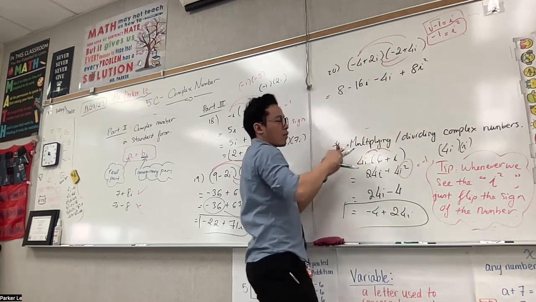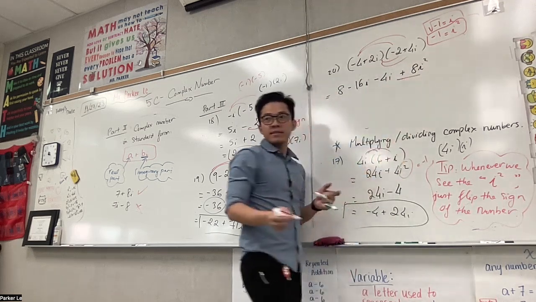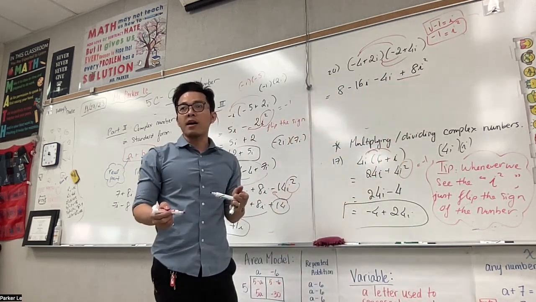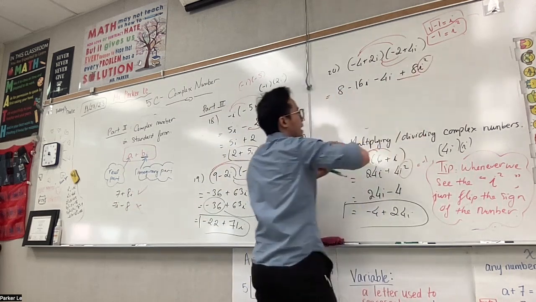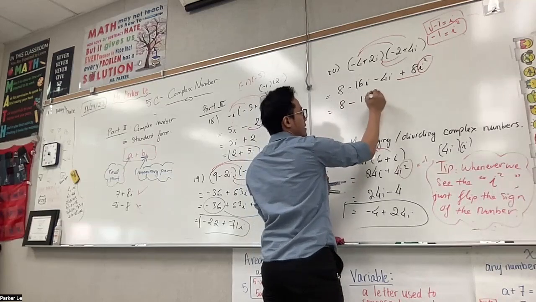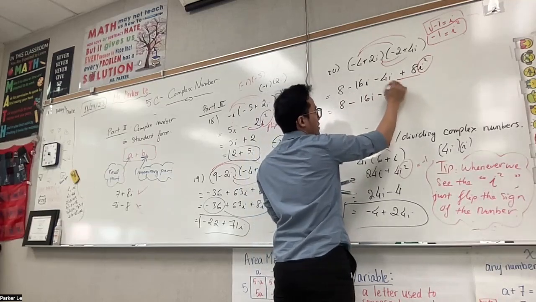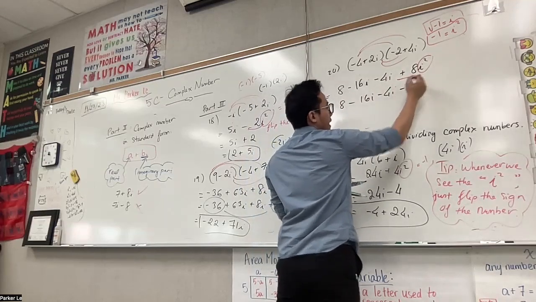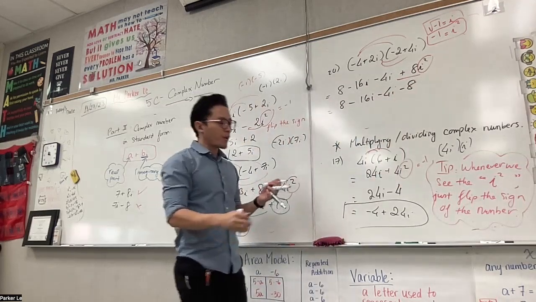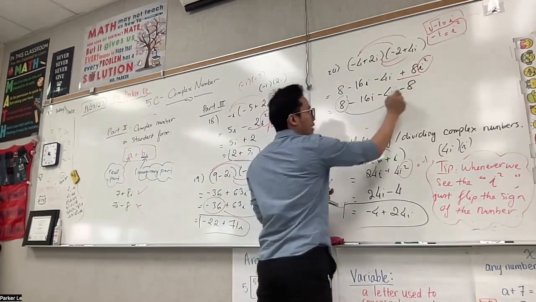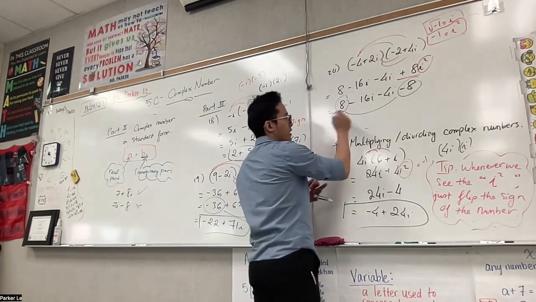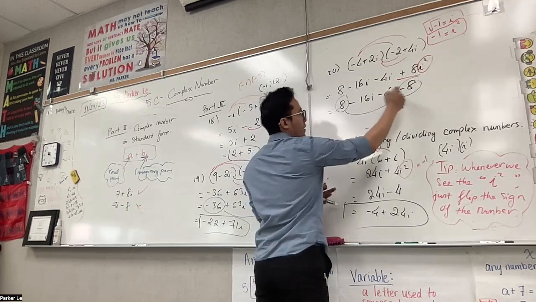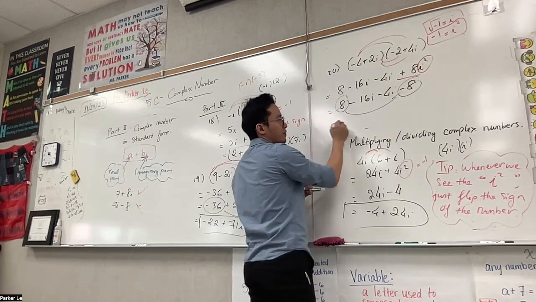Very good. Now what are you going to do with the 8? Positive 8 becomes negative 8 because of the i squared right here. So this is minus 8. Now, real goes with real, imaginary goes with imaginary. 8 with negative 8 is 0. Gone. So 0 minus 4i.